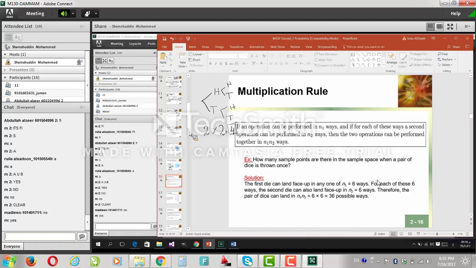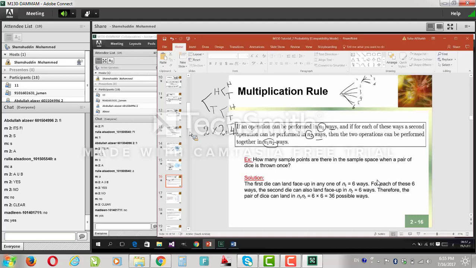This is what multiplication rule says. If an operation can be performed in n1 ways, and for each of these ways a second operation can be performed in n2 ways, then the 2 operations together can be performed in n1 times n2 ways. This is what we have here. Also, when we remember when we do the tossing the die, we have 1, 2, 3, 4, 5, and 6, and again we will have 6 outcomes from each one of those.